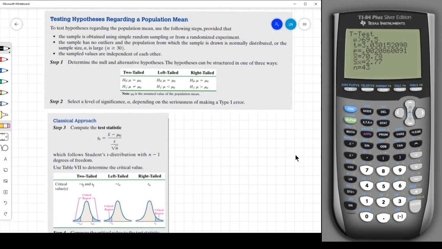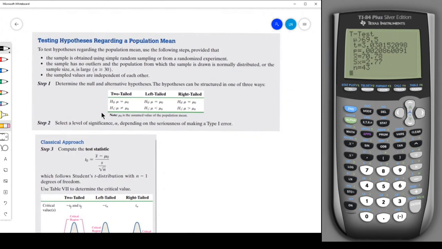Let me come back up here. Remember our conditions: the sample has to have no outliers, and the population from which the sample is drawn is normally distributed, or the sample size is large. So what if we don't have some of those conditions met?